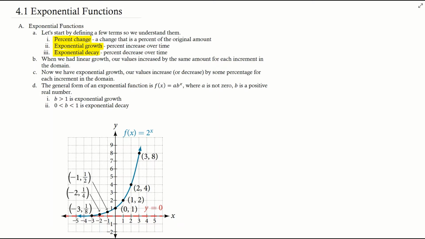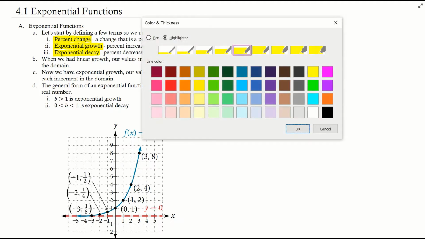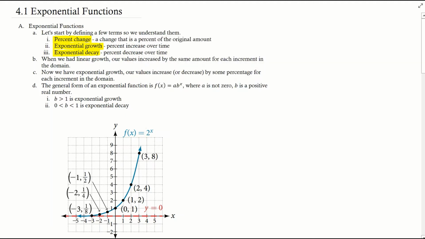So remember, for linear growth, we had things that would increase pretty constantly.